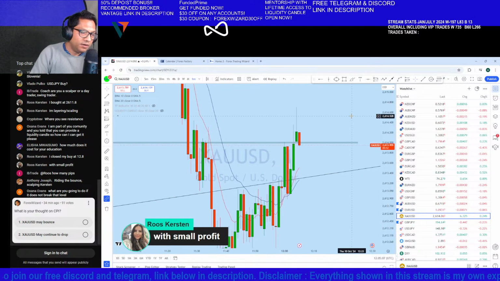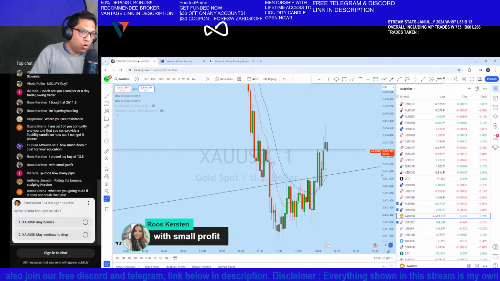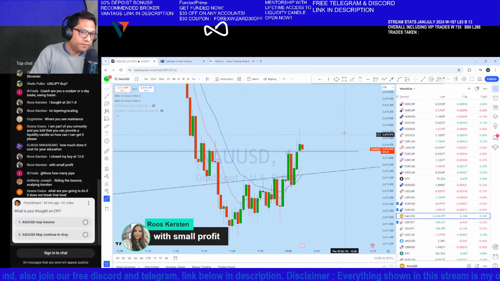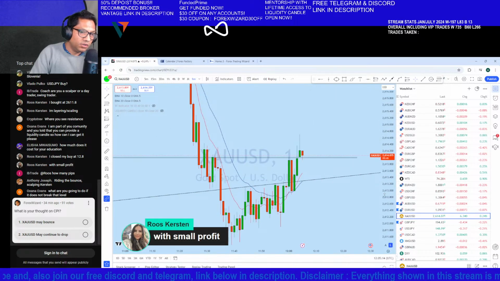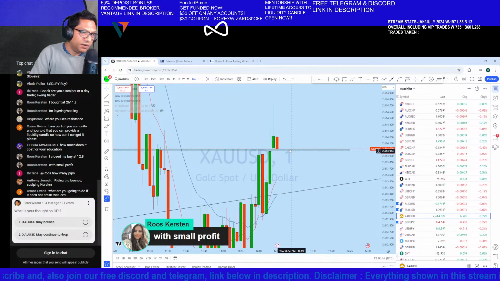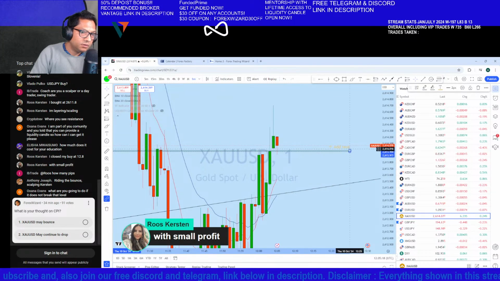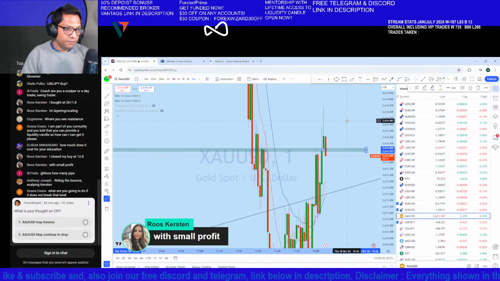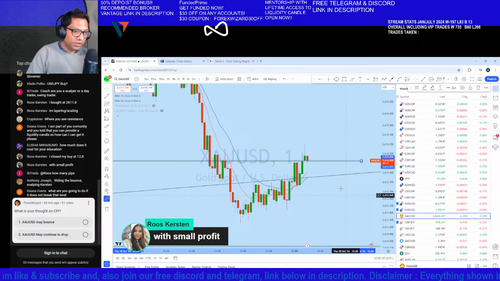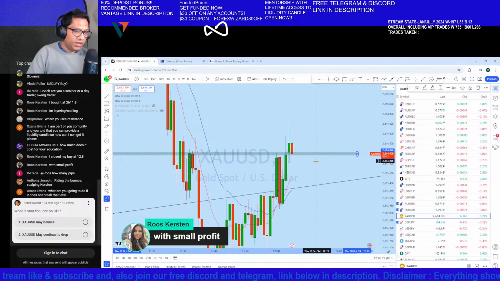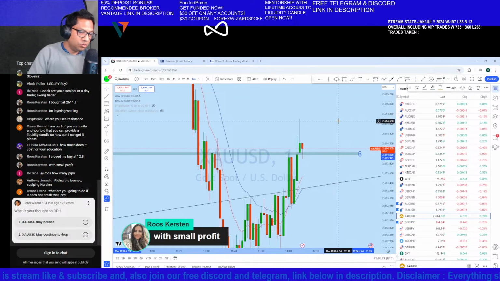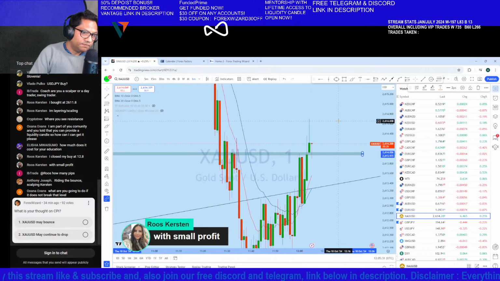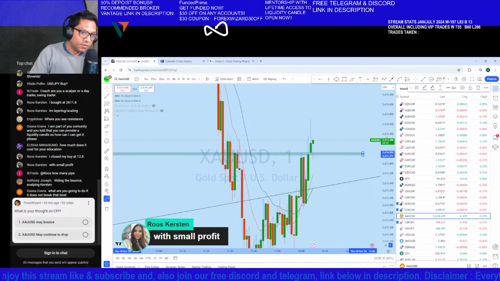There's a gap open, and we can see this is a massive gap here. With that gap open, we can expect this market to return back to the upside. We'll see where it is heading.